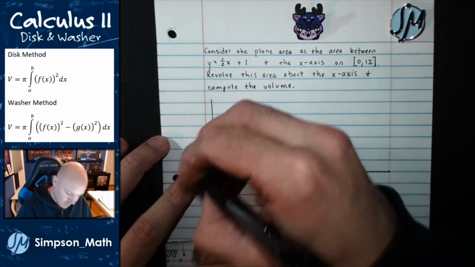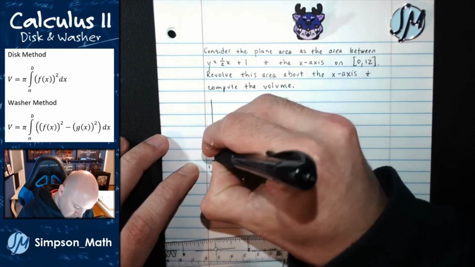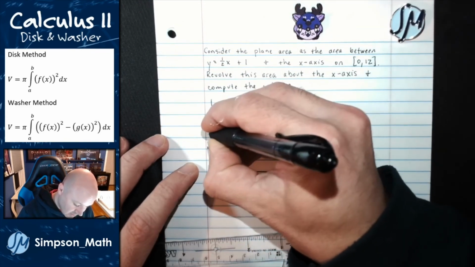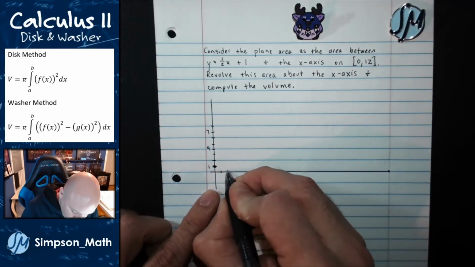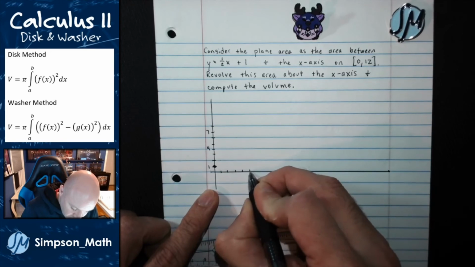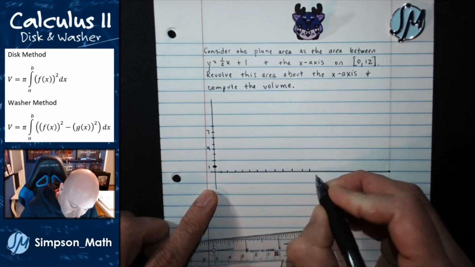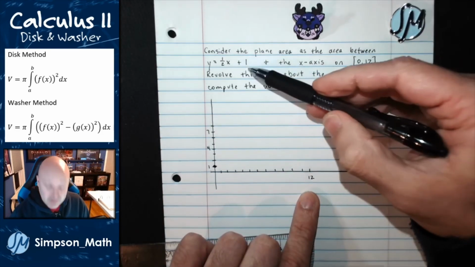I start at the 1. 2, 3, 4, 5, 6, 7, 8. I think that's all I need to do. Now 12 though. Let's see. 1, 2, 3, 4, 5, 6, 7, 8, 9, 10, 11, 12. 12 will give me 7.